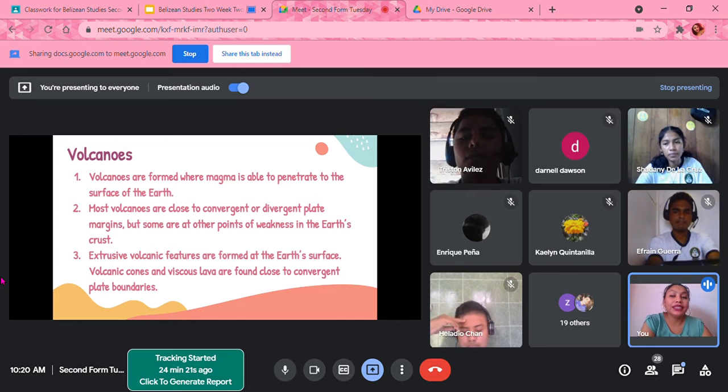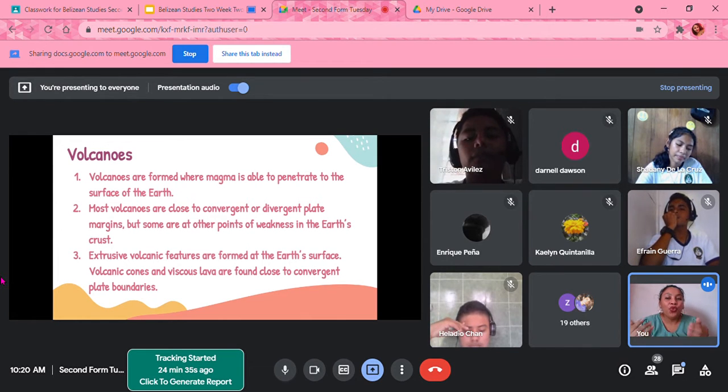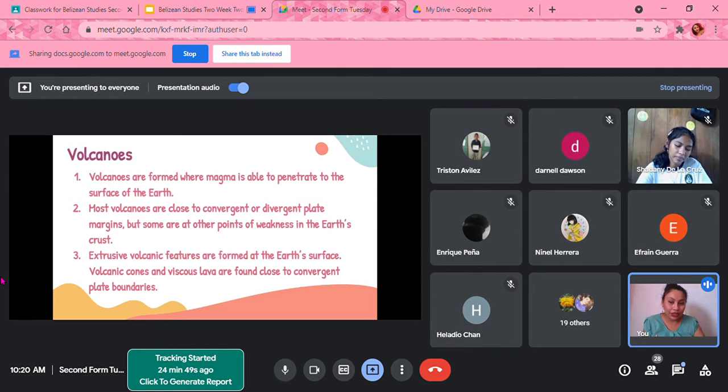In the places where we do have volcanoes, it is because underneath that volcano there is a little vent that allows magma to come out to the surface. So, when two plates are moving away from each other, there is a space that is created. And that space allows whatever is in the mantle to come up to the Earth's crust.